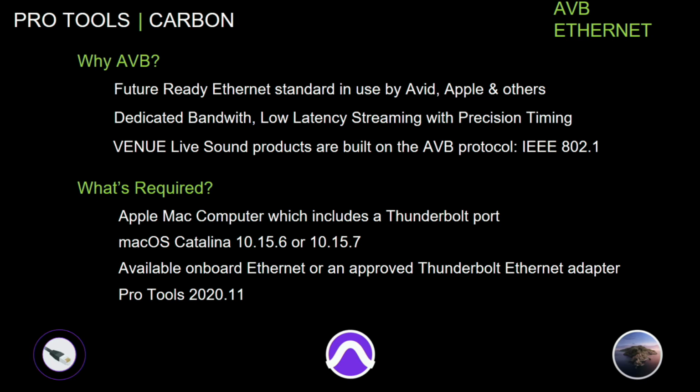So AVB uses a standard Ethernet connector. But it's quite different to Dante and AES-67, other Ethernet audio standards.